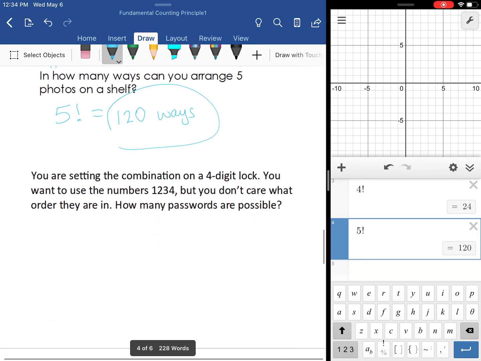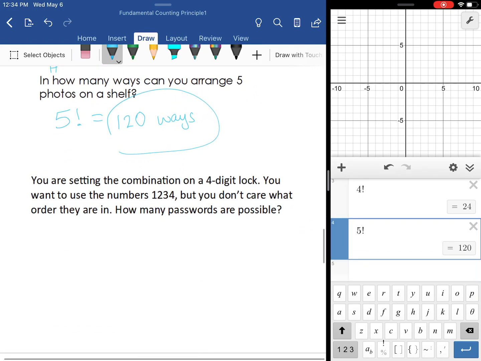Last but not least, we are studying a combination on a 4-digit lock, and we want to use the numbers 1, 2, 3, 4, but we don't care what order they're in, and we want to figure out how many passwords are possible. So again, this is really similar to our situation with bad and with math, right? We're just slowly working through the possibilities.